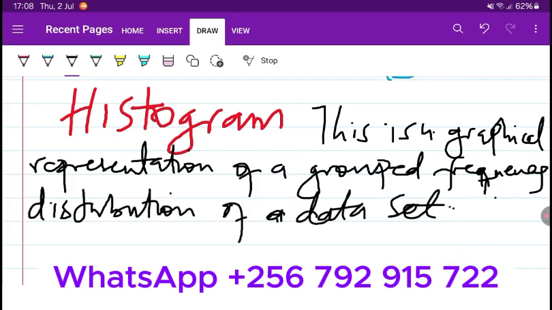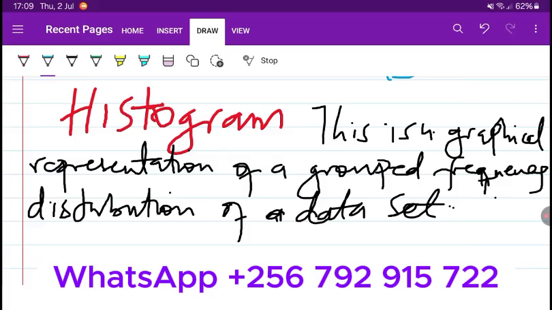So it is a graph that has both the y-axis and the x-axis, but these graphs include what we call vertical bars. The only differentiating feature between a histogram and a bar chart is that this one has no space.